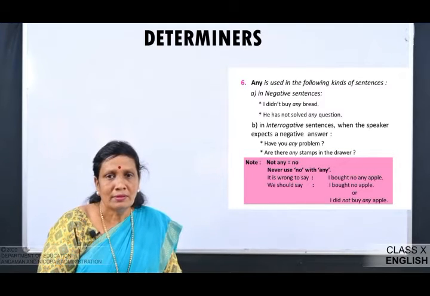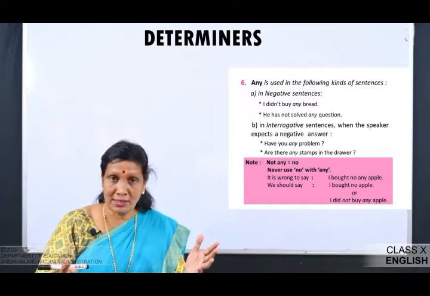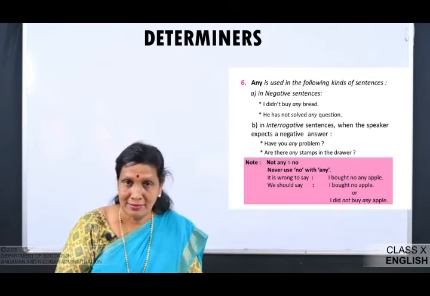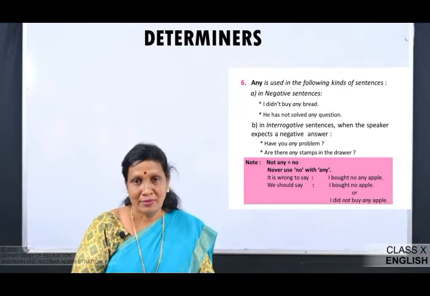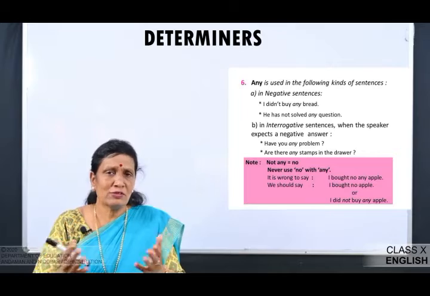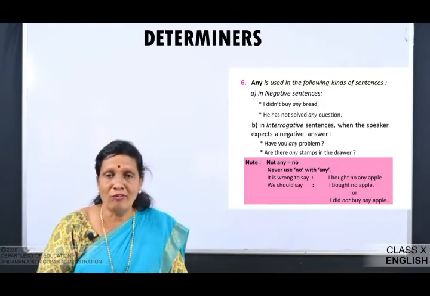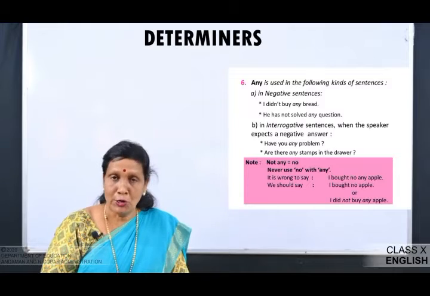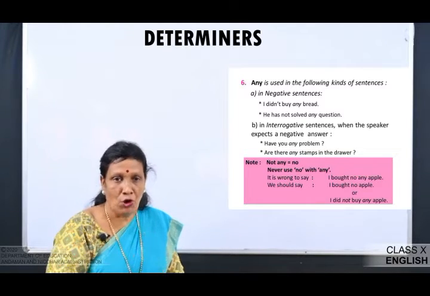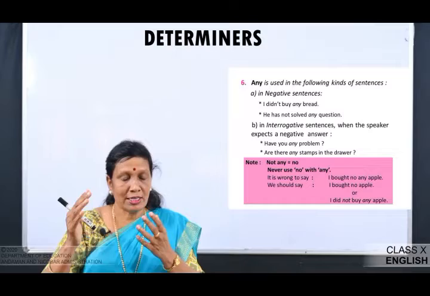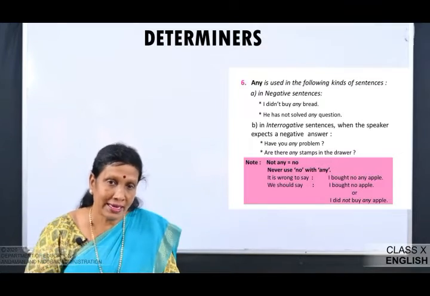Okay, this house has got lots of rooms. Affirmative sentence. This house has very few rooms, or this house does not have many rooms. So whenever you see not, children, it means it is a negative sentence.